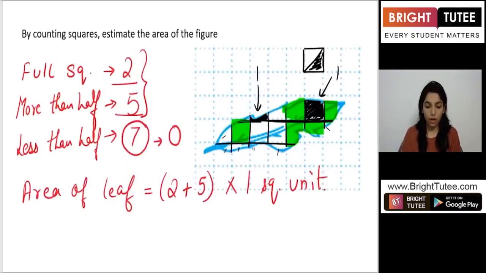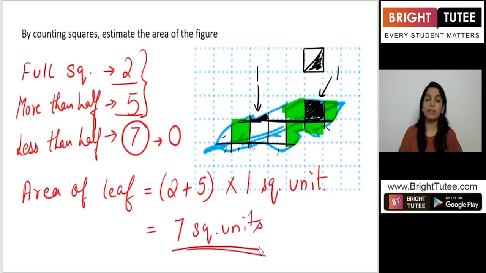Now what we are doing? We are not considering any half part. Anything which is less than half, we are making it 0. Anything more than half, we are making it a 1. So now what is the area of this leaf? This is estimation. It is 7 squared units. Okay. This is how we have estimated by considering more than half and less than half.